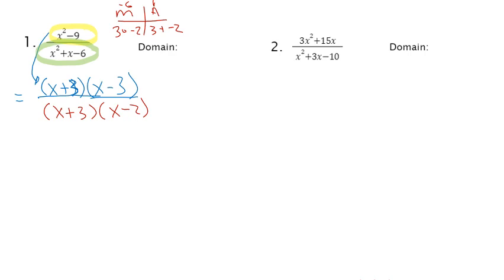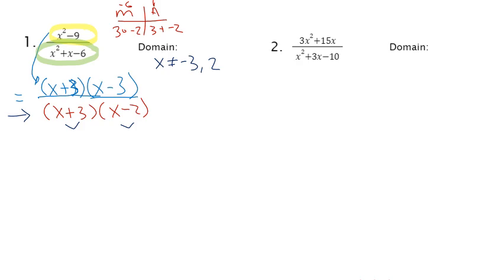Now for my domain, again, we maybe don't really need it for this part, but we're eventually going to see it later in the module. If I look at where the bottom is equal to 0, if I take the opposite, it can't be -3 and it can't be +2. And then finally, I'm going to go ahead and simplify.